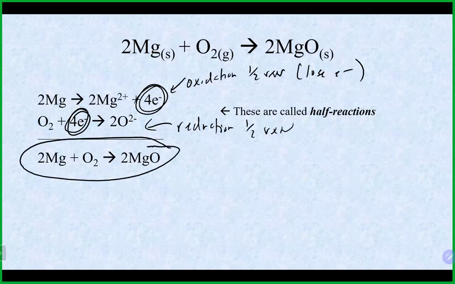Sort of like breaking that reaction into its two parts, its oxidation part and its reduction part. The reason there are 4 electrons is each magnesium will lose 2 electrons, right? For a total of 4 electrons, since there's 2 of them.